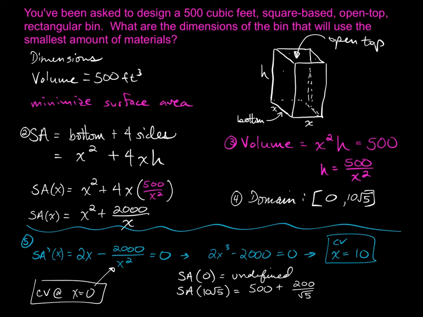And the last value that you could put in here is the 10 from our critical value that we found. So 10 will go in here for x, and that will leave you, let's write this out here, surface area when x is 10 equals 100 plus 200, and that is 300.